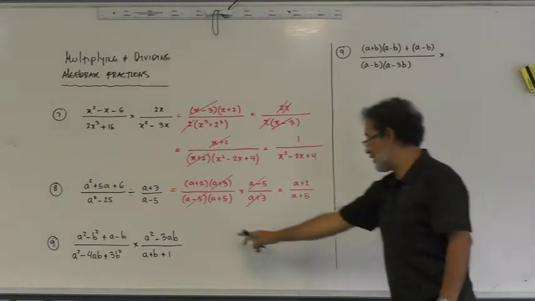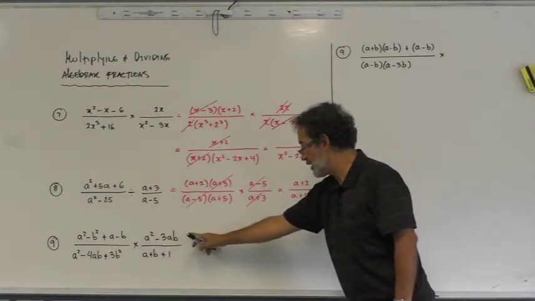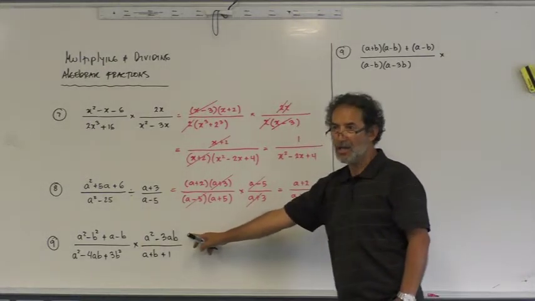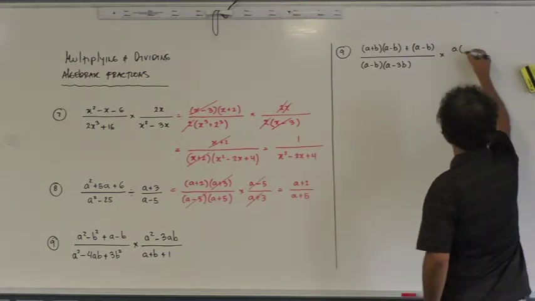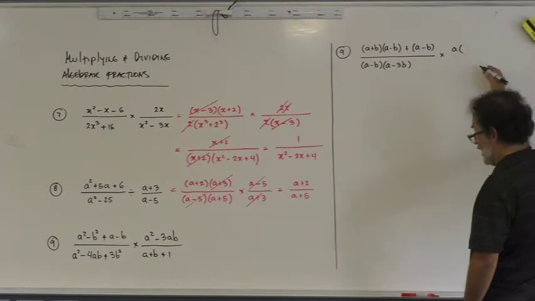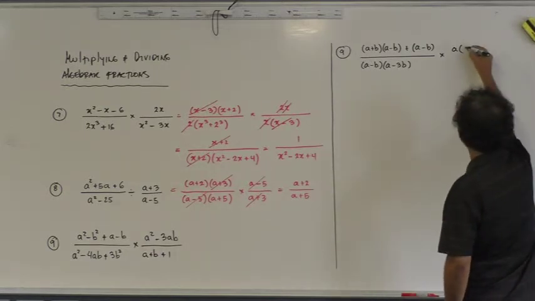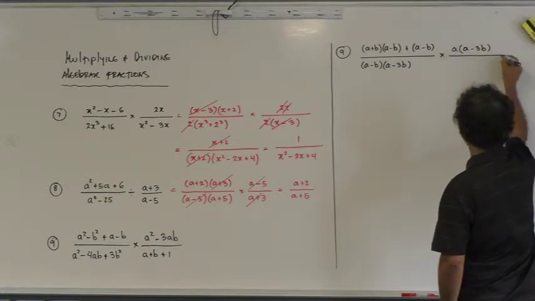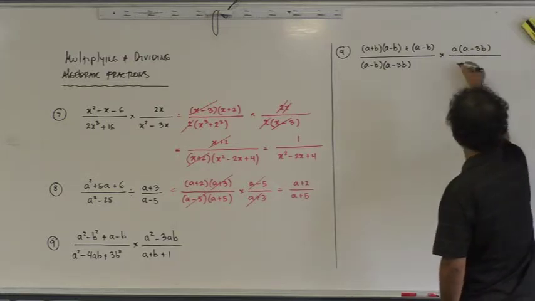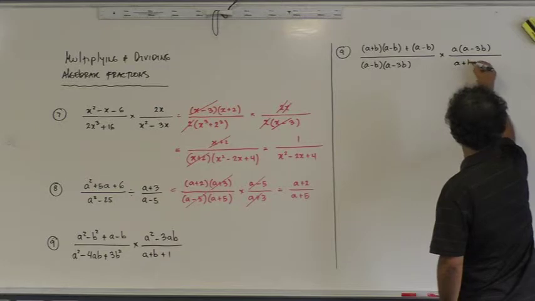And then, what about the top line for this one? What is the highest common factor for this? A. So we take the common factor A, and then what is left? A minus 3b. What about the bottom line? It's a plus b plus 1.